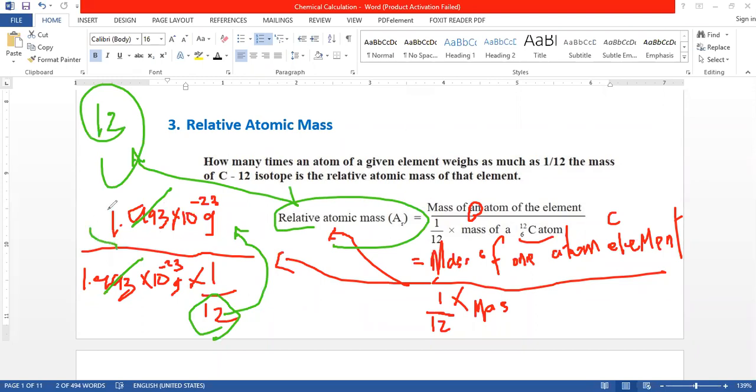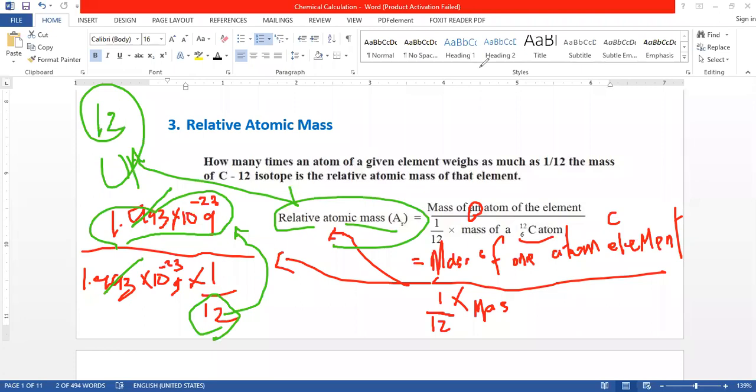Actually, the mass of one carbon atom is 1.993 times 10 to the minus 23 gram, but they are not using that for calculation. Scientists introduced relative atomic mass. And if you put the mass here, the 12 will be the answer.